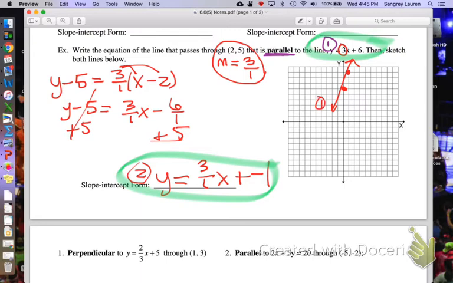So that's line number 1. Line number 2 has the y-intercept of negative 1. So I go down 1, plot my point. Slope is 3 over 1, so I go up 1, 2, 3 over 1. And then we always ask, do they appear parallel? Yes, so we know we're in good shape.